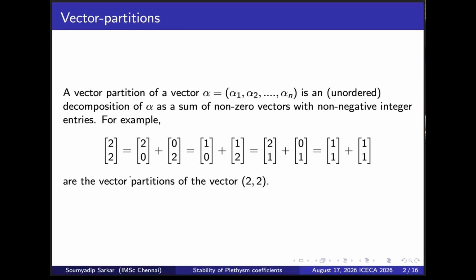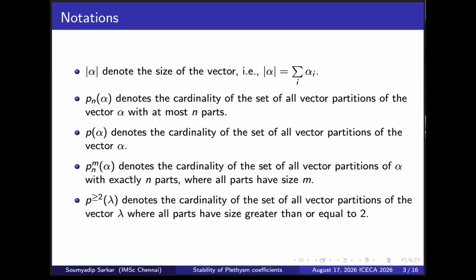So we will see why the combinatorics of vector partitions is important for us. So more notation. If alpha is a vector, then |alpha| will denote the size of the vector, which is the summation of alpha_i. And by P_n(alpha), we mean the cardinality of the set of all vector partitions of alpha with at most n parts.